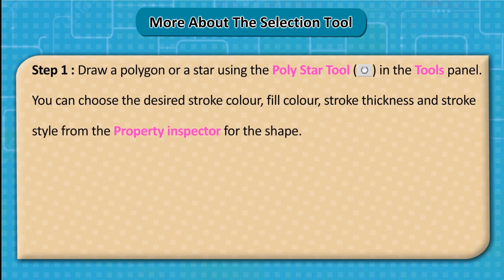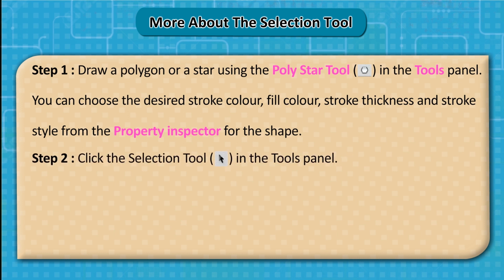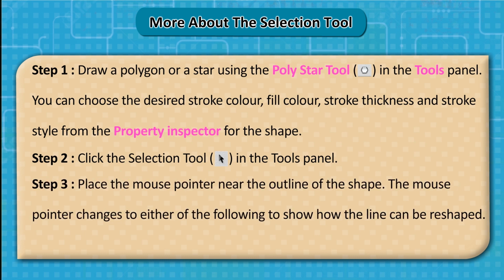Step 1. Draw a polygon or a star using the Polystar tool in the Tools panel. You can choose the desired stroke color, fill color, stroke thickness and stroke style from the Property Inspector for the shape. Step 2. Click the Selection tool in the Tools panel. Step 3. Place the mouse pointer near the outline of the shape.